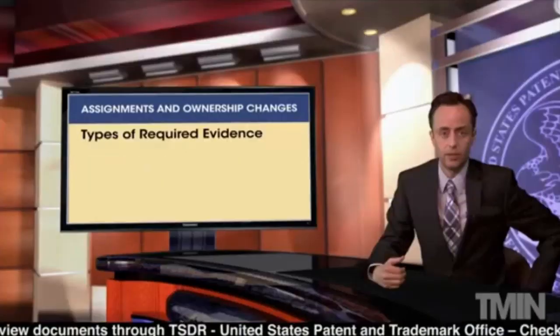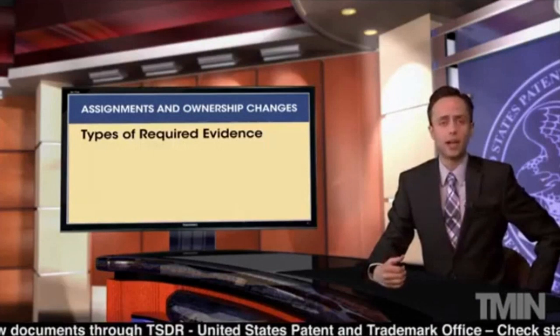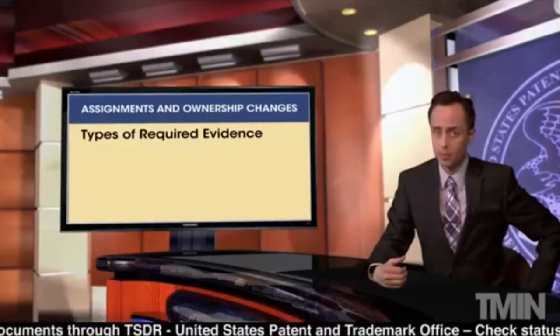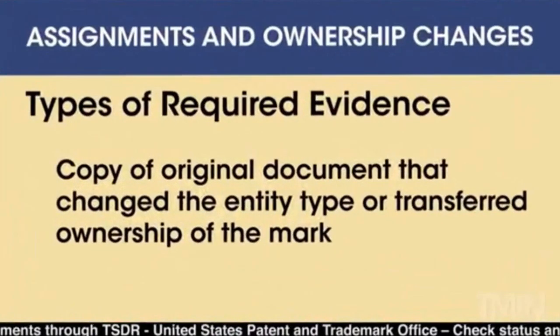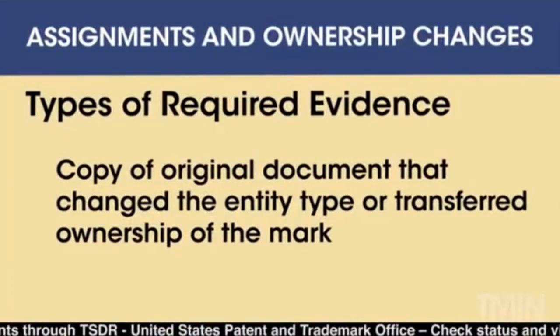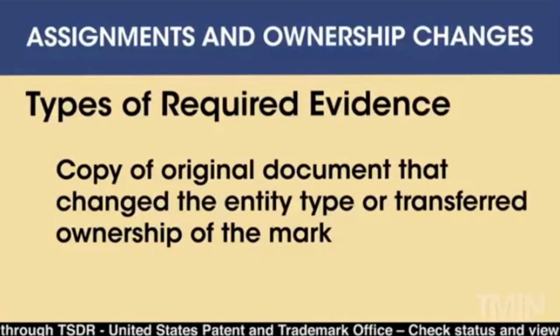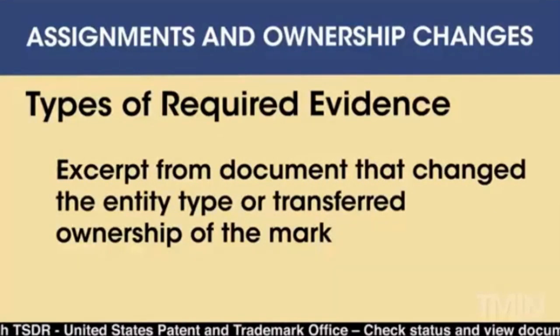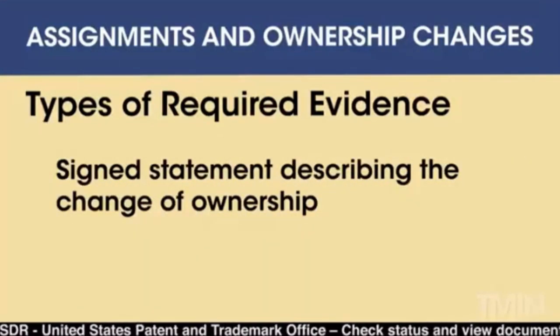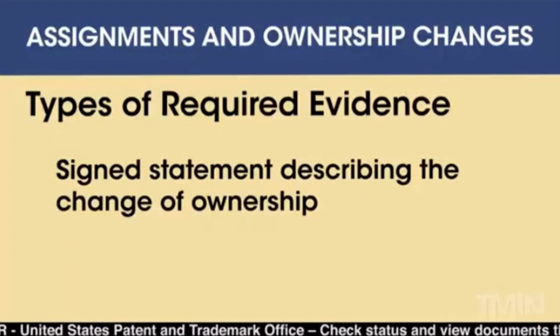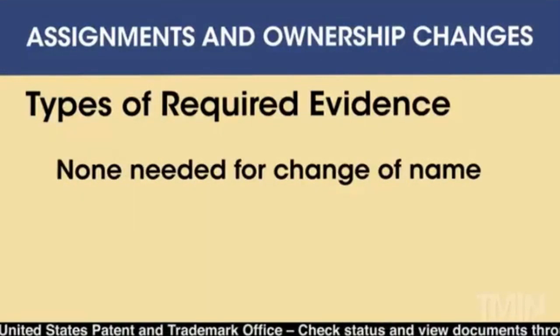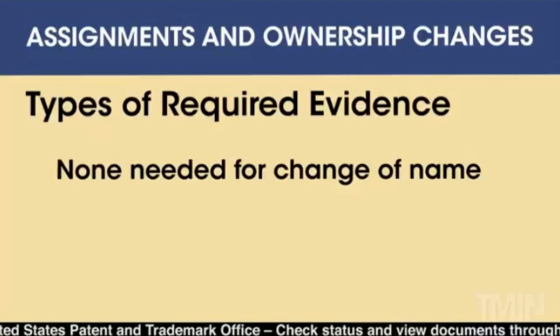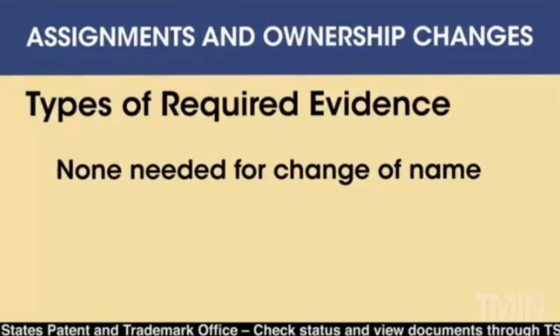filing fee. Now, regarding the type of supporting document you might need to provide, it depends on state law, but it is typically a copy of the original legal document that changed the entity type or transferred ownership of the mark, an excerpt from the same document, or a statement signed by both parties describing the change of ownership. If you are merely submitting a change of name form, however, you do not need to submit a supporting document.